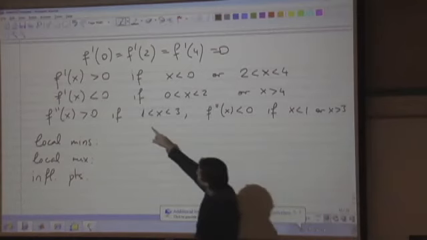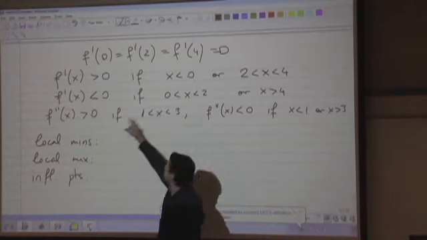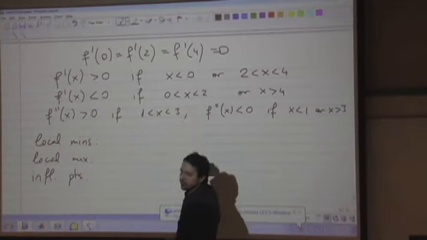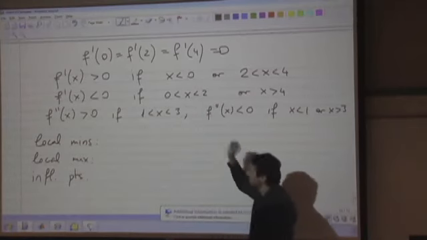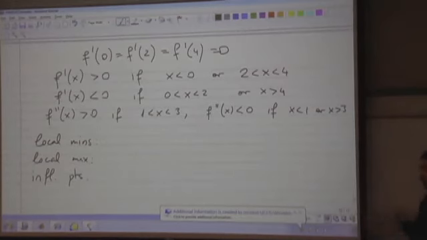f prime is bigger than 0 when x is negative. It's less than 0 when x is between 0 and 2. Right? Which means the first derivative changes sign at 0 from positive to negative. What does that tell us? Max?